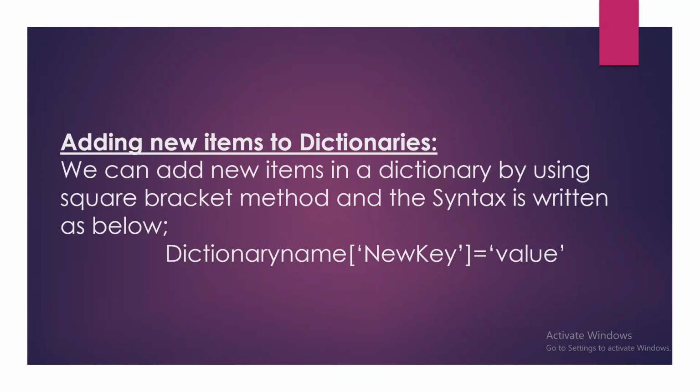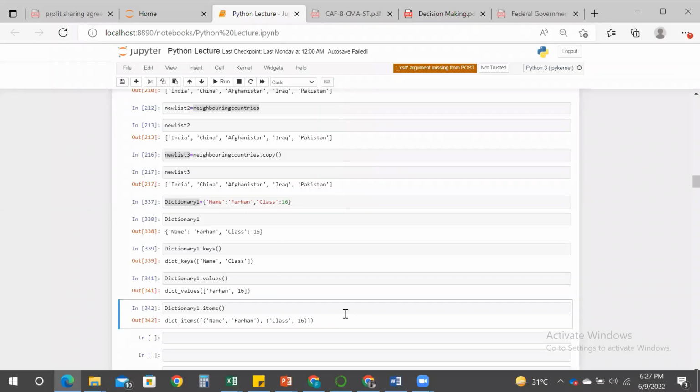We use the square bracket method to add a new element and assign the value to the key we define in the square bracket. So we type the dictionary name, inside the square bracket we define the key, and we give an equals to sign and assign a value to that new key. Let's see how we can do this in Python.